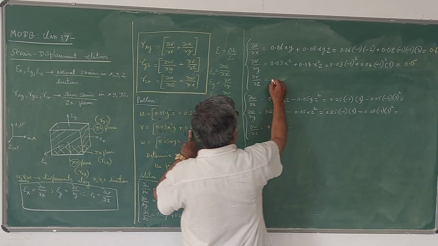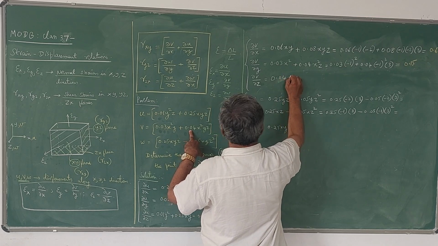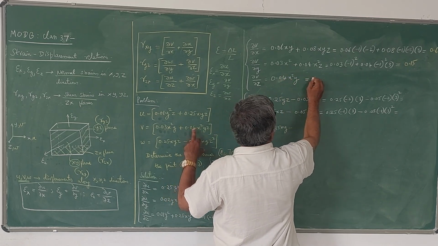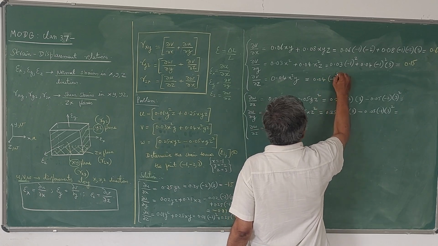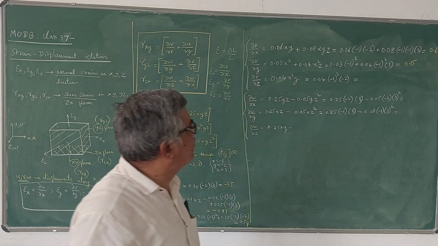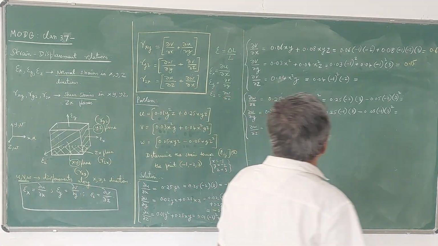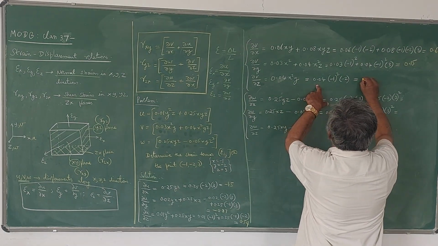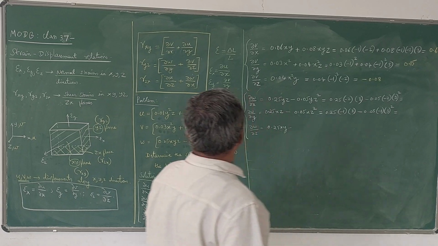Here it will be 0.04x², 0.04 into (-1)² into minus 2, which is negative, minus 0.08. Yes, so you should be careful.